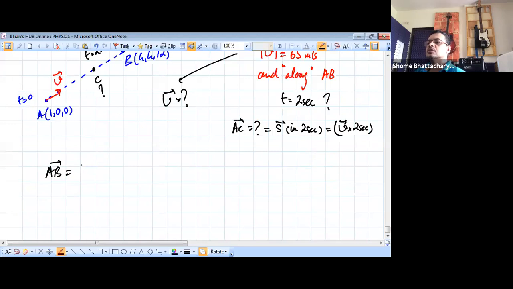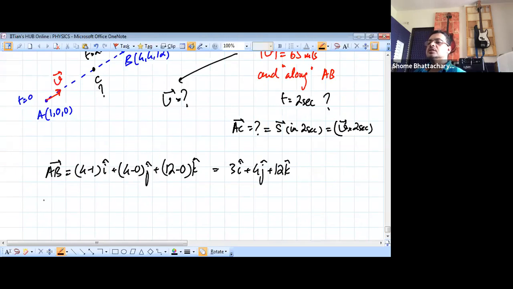It is 4 minus 1 i cap plus 4 minus 0 j cap plus 12 minus 0 k cap. So that vector is 3 i cap plus 4 j cap plus 12 k cap.